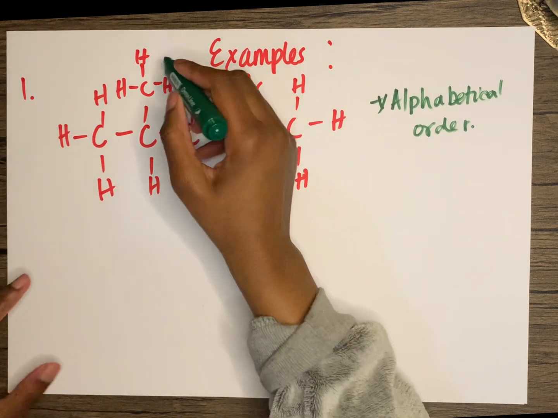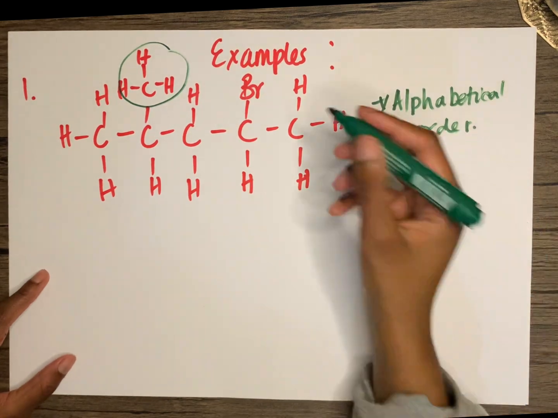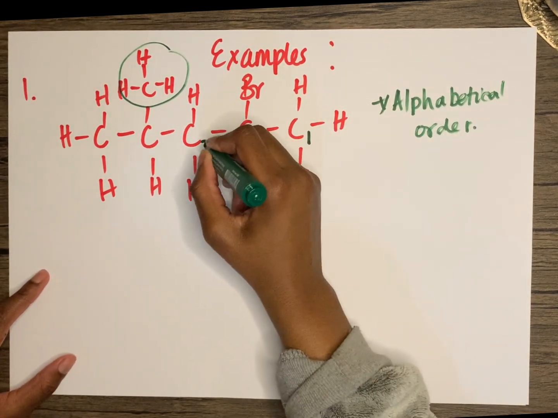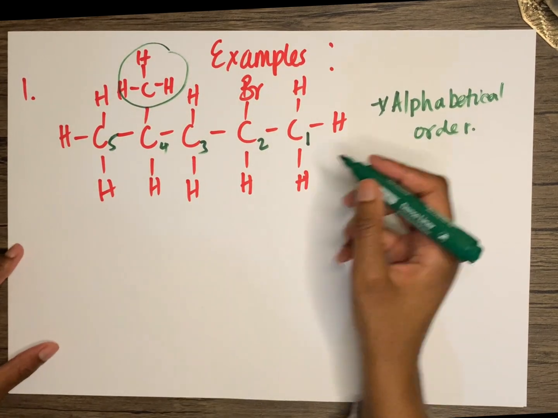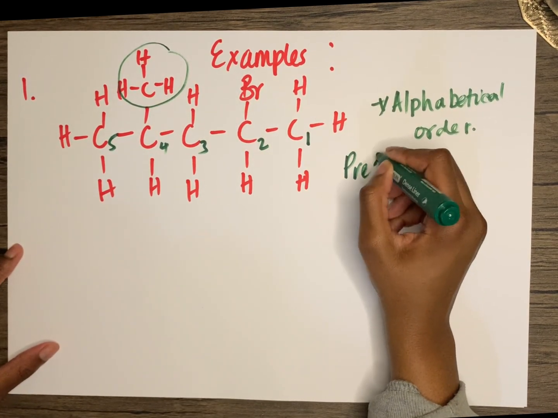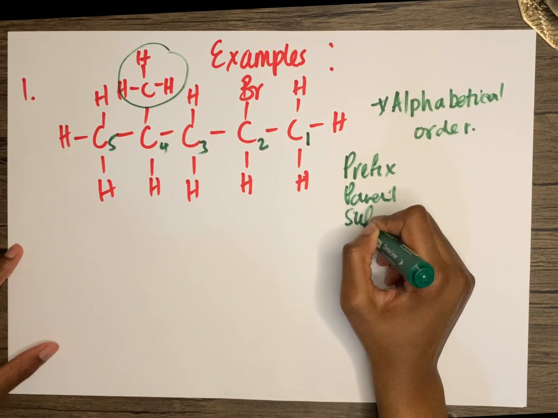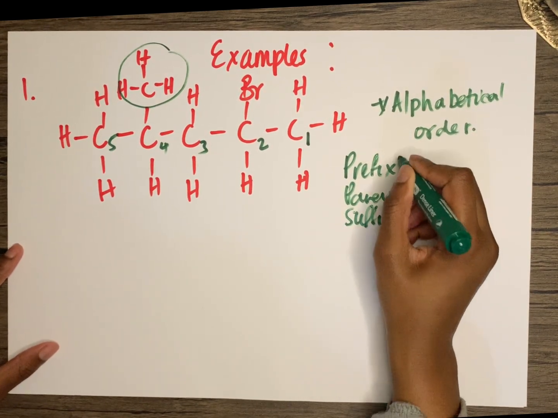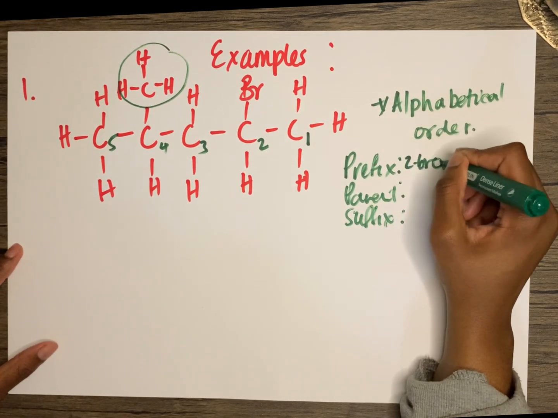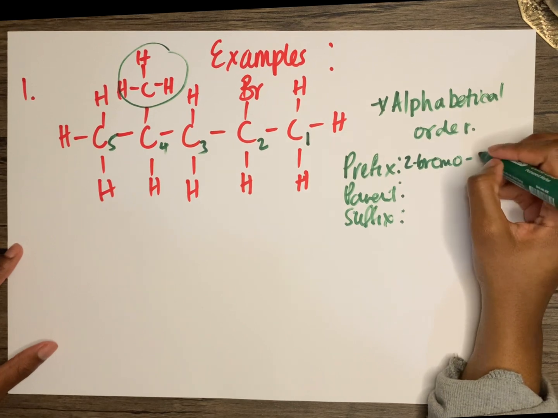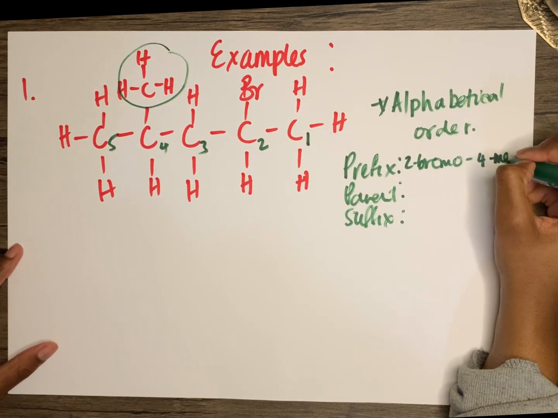This is a bromo substituent. This is a methyl substituent. So I'm going to number 1, 2, 3, 4, 5, right? Then we go on to name. Prefix, parent, suffix. My prefix is going to be 2-bromo, 4-methyl.